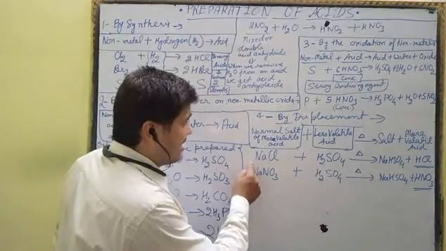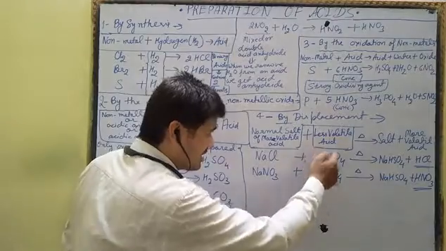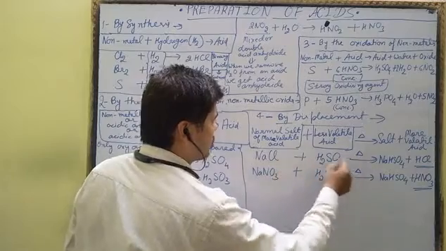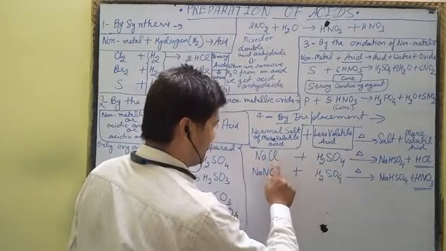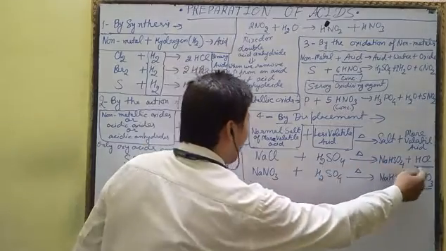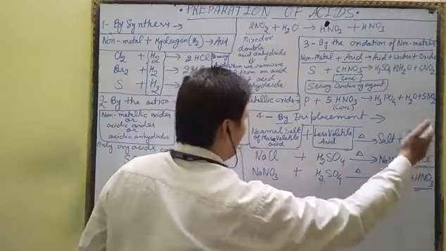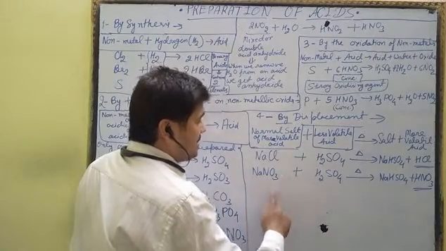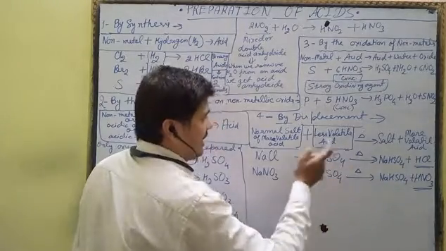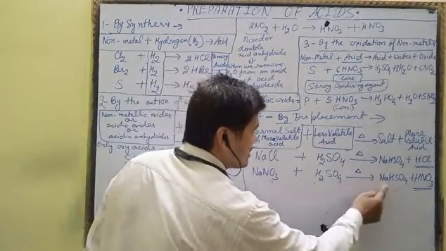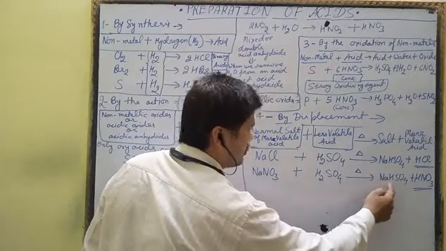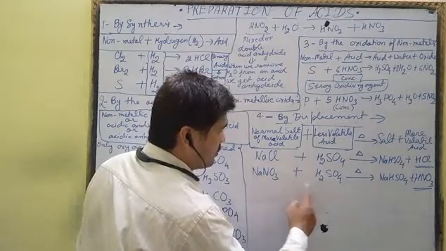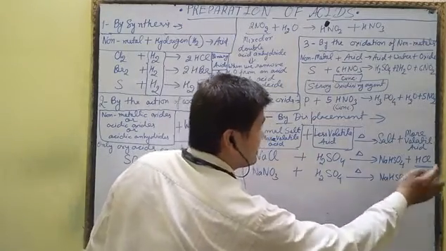In the first reaction, NaCl reacts with H2SO4, which is the less volatile acid, to form the salt NaHSO4, and from chlorine we form HCl, hydrochloric acid, which is the more volatile acid. In the second reaction, NaNO3, a normal salt, reacts with sulfuric acid to form the salt NaHSO4, sodium hydrogen sulfate, and from NO3 we form the acid HNO3, nitric acid.